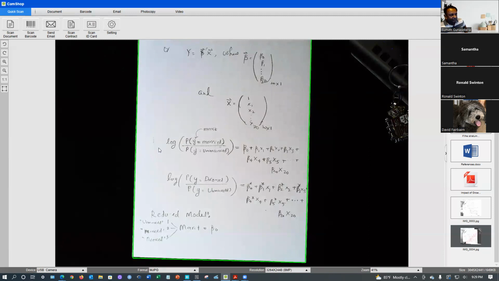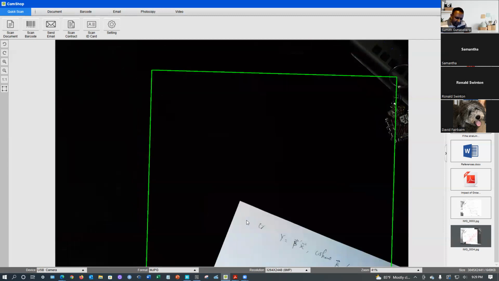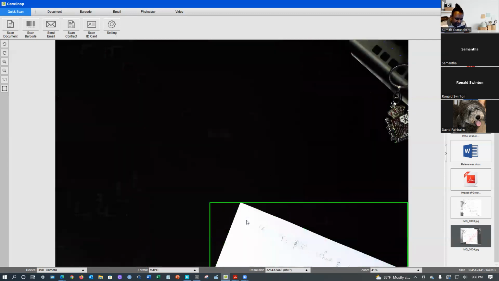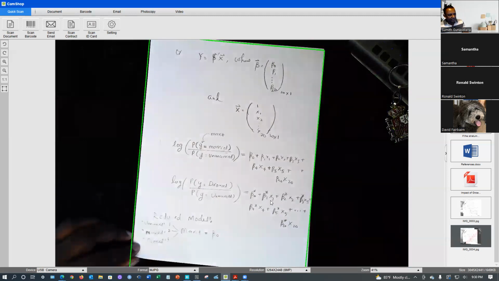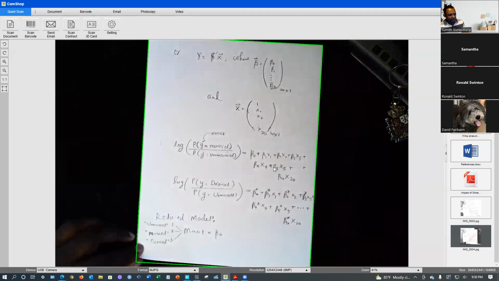And on the other hand, we have 2 of them. You will see when you display it, you will see 2 of them: married versus unmarried, and divorced versus unmarried. As I put, these should be B20 star as well. Same variable, but you have these betas with this one.